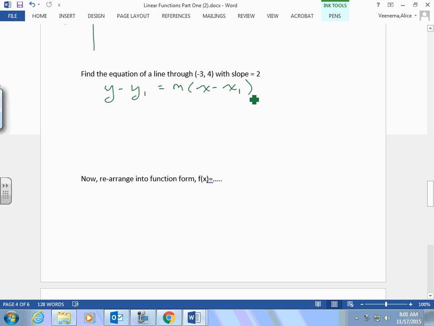They are representing all the points in those variables. So we plug in x1, y1 for the point we're given, and we plug in our slope for m in the equation. So we have y minus 4 equals 2 times x minus negative 3. And so let's just clean that up a little bit. So y minus 4 equals 2 times x plus 3.